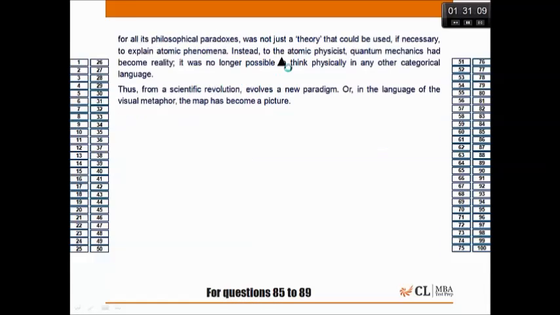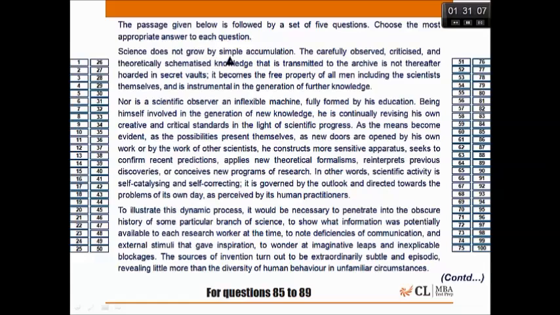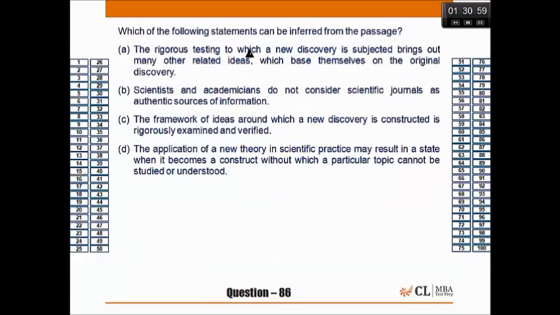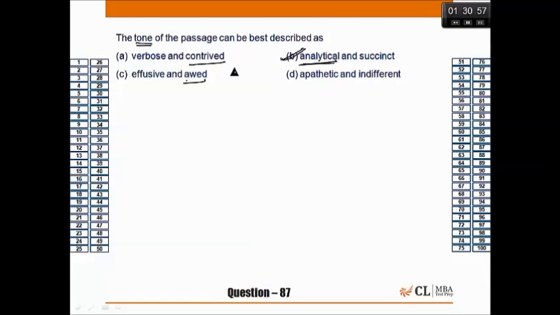Let's check one, social scientist. Okay, two, knock off. Yeah, so two from there.